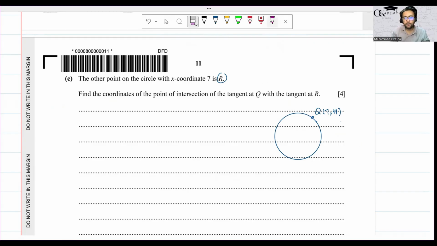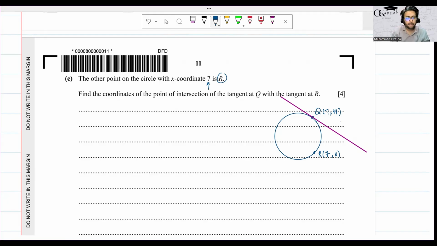Now there's another point, which is point R. Because this point has the same x coordinate as Q, I'm going to draw it right below it. That's point R. I do not know what the y coordinate of this point is. I'll just say it's r.